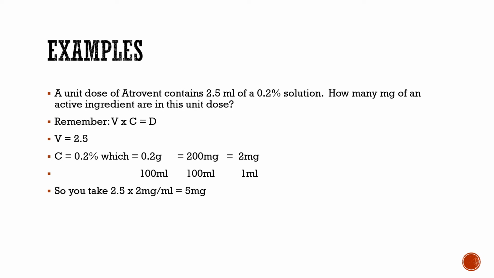I probably should have put mils here, but anything that's set up in the ratio format or the percentage format is going to be your concentration. Okay, so this is your concentration.